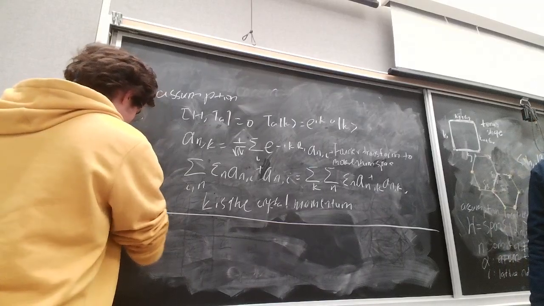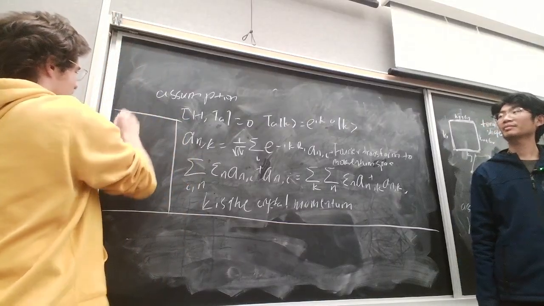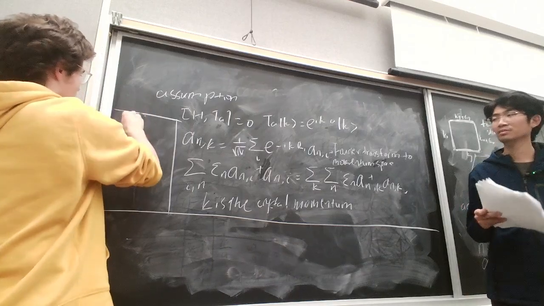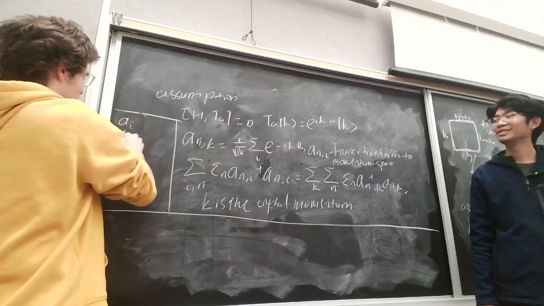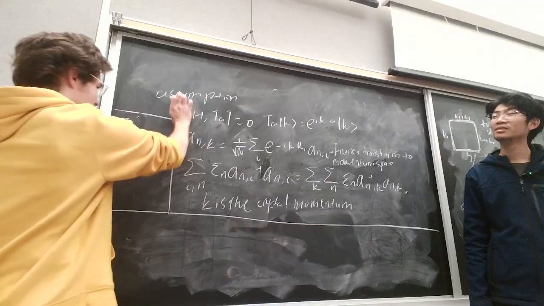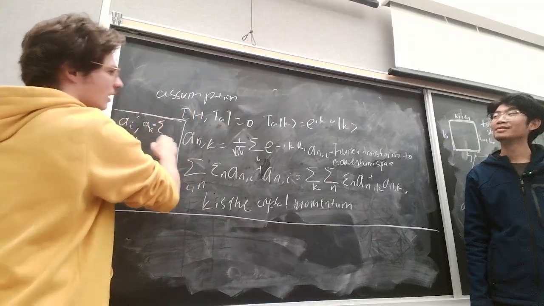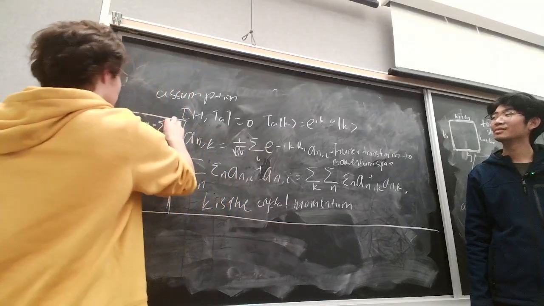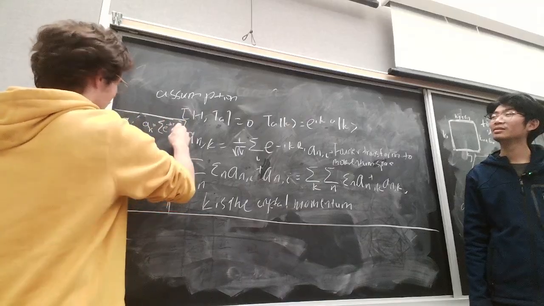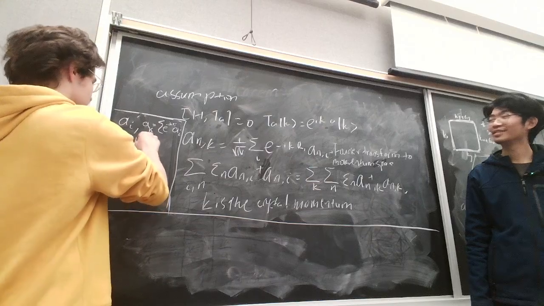So what did we do? We had our annihilation operators for the A and B sublattice. Then I'm going to define, using a Fourier transform, these A_k things, with e to the minus ik dot r, of A_i.